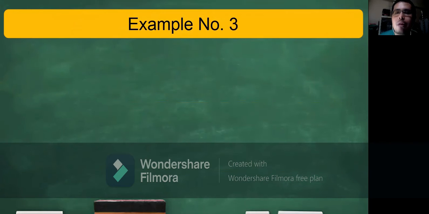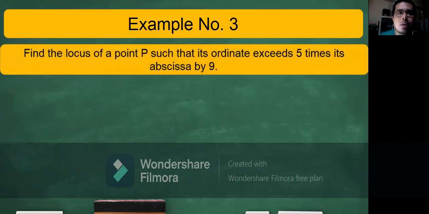Let's have our third example. We're asked to find the locus of a point P such that its ordinate exceeds 5 times its abscissa by 9. As if we're translating algebraic phrases into expressions.